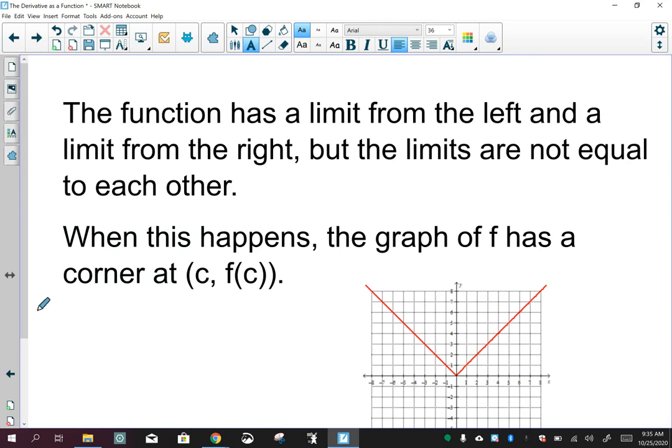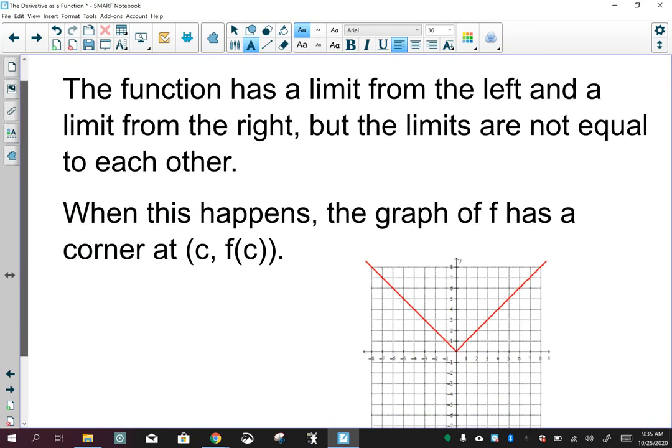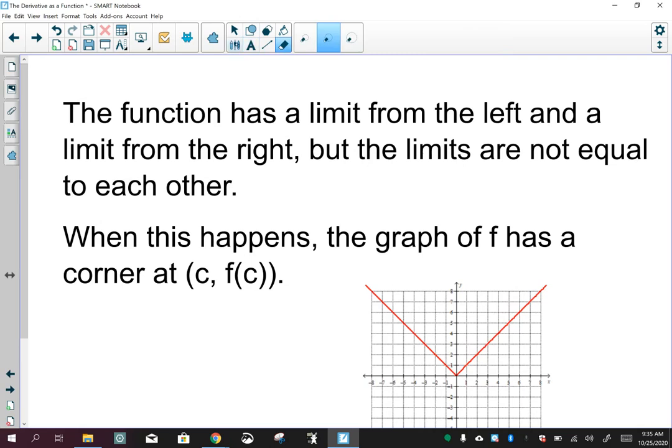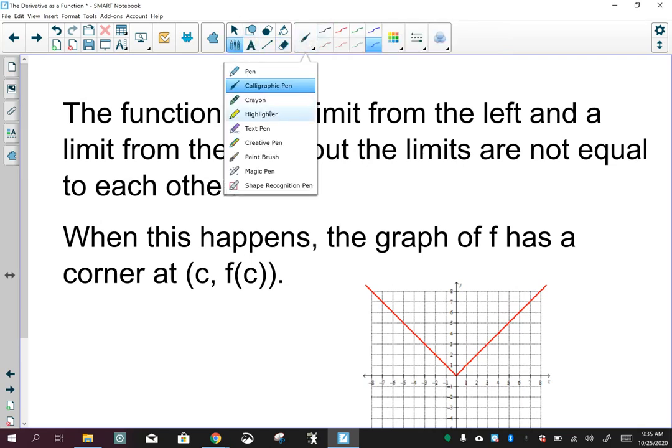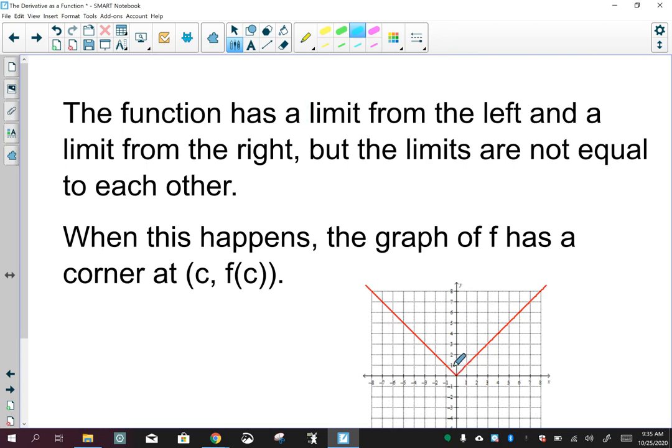So number 1, the function has a limit to the left and the right, but the limits are not equal to each other. This happens when there is a corner. So if we take a look at this, we call this a corner. Notice how we have this very sharp point right here at 0, 0. Now that makes sense if you think about it, because what type of graph is this? Well, this is the graph of an absolute value.